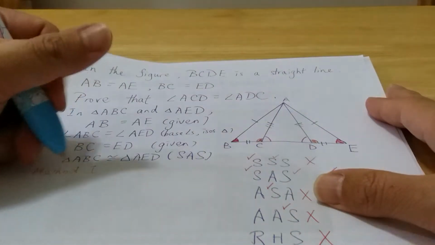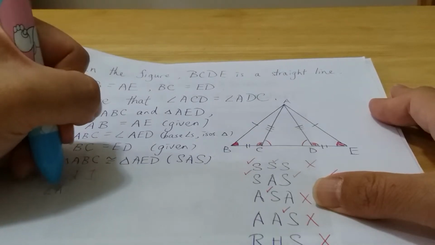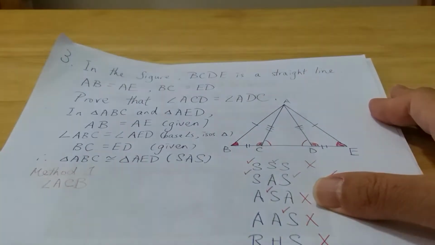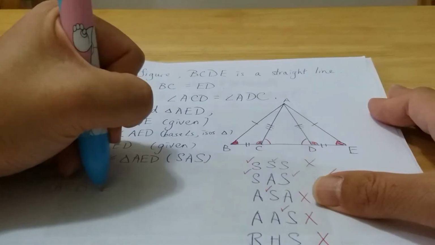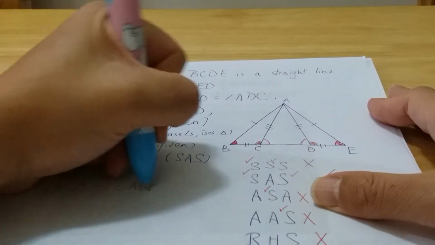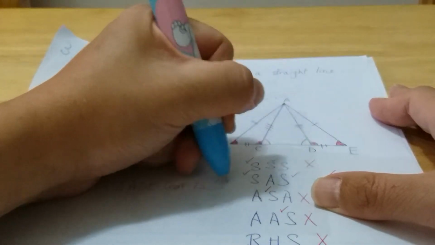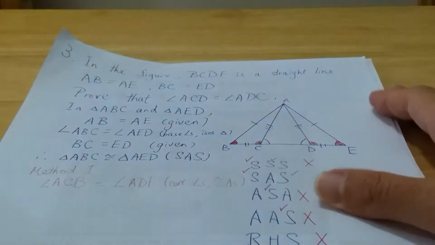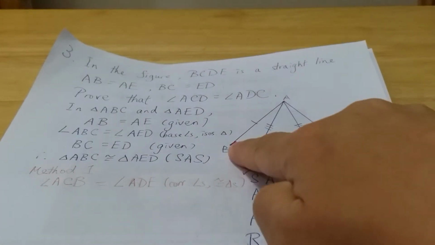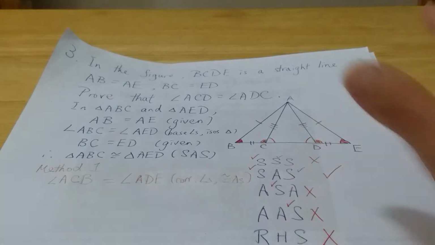First of all, angle ACB equals angle ADE, corresponding angles of congruent triangles. Because these two triangles are congruent, we can write down these two angles are equal.